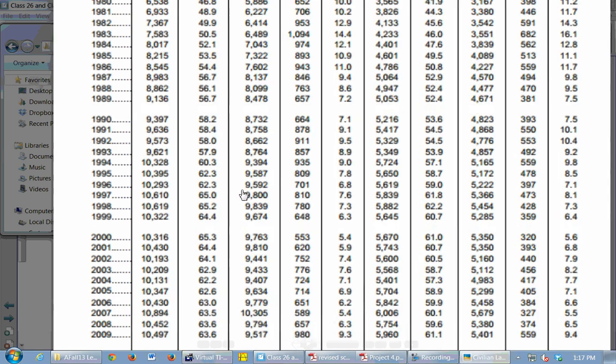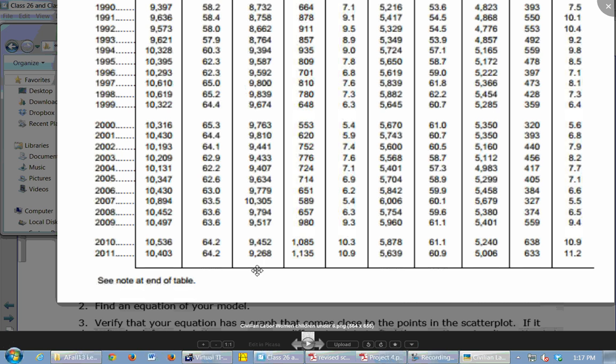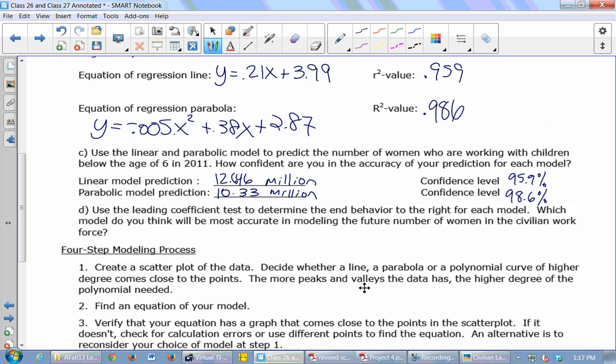Okay, third column, 2011 is 9.268. 9.268 million is the actual value. So the parabola was definitely a better model, right? It came closer to the actual prediction.